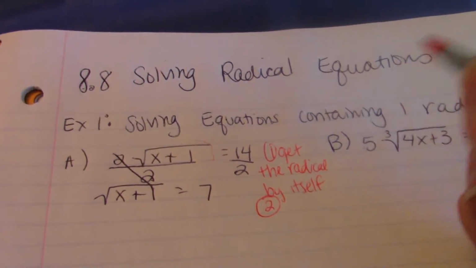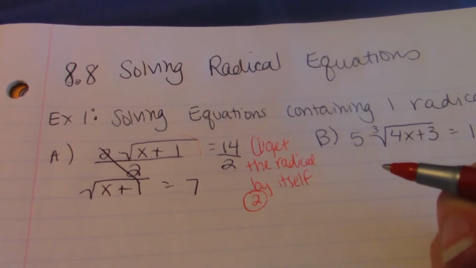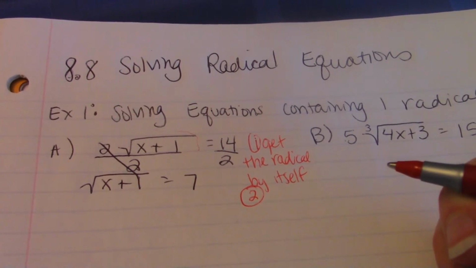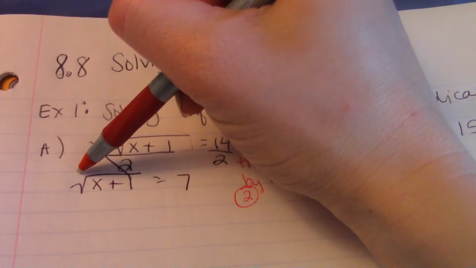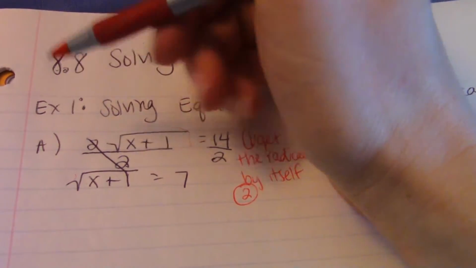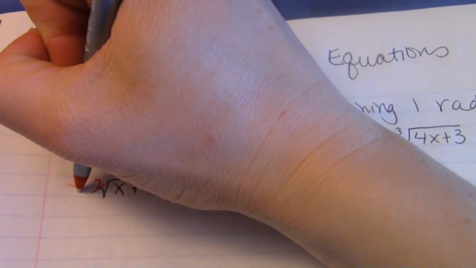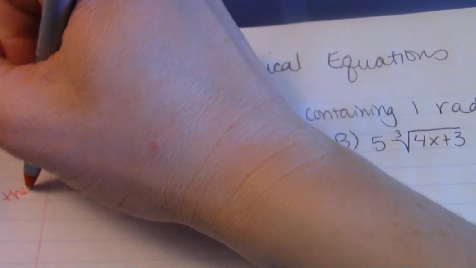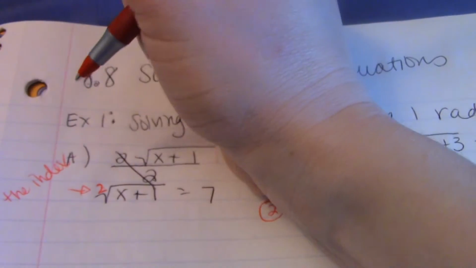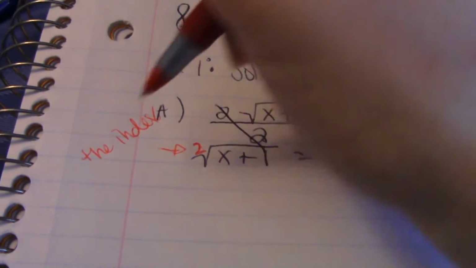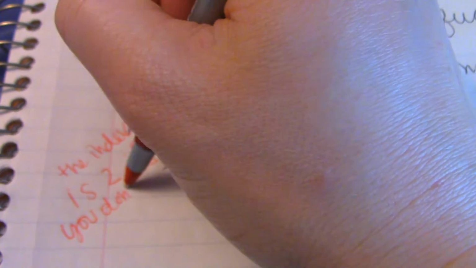So now step 2, you need to do whatever number is right here. If you don't see a number, it's 2. The index is 2 if you don't see a number.